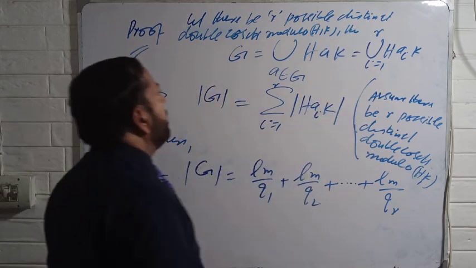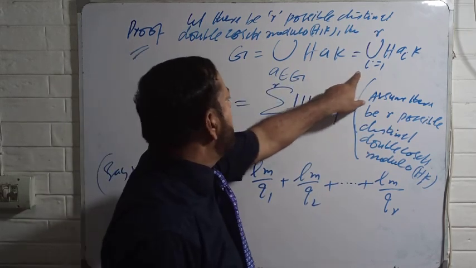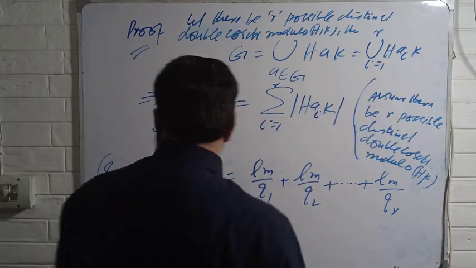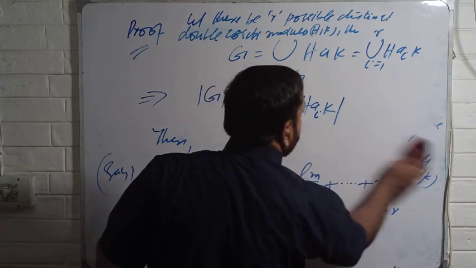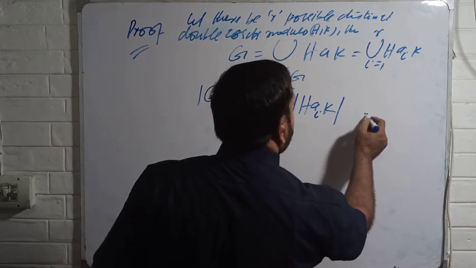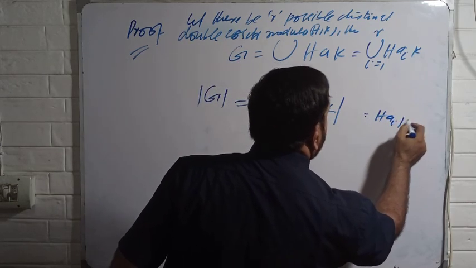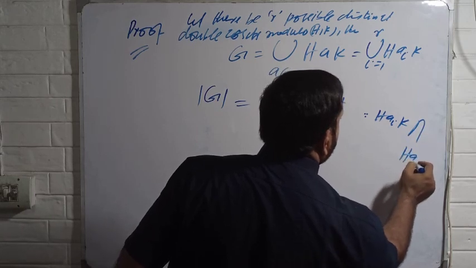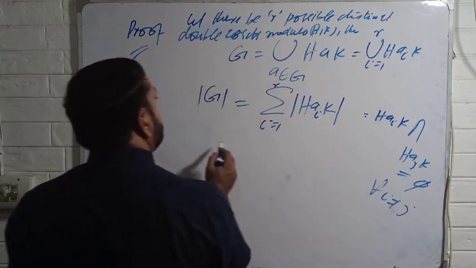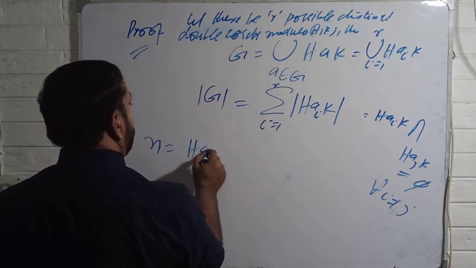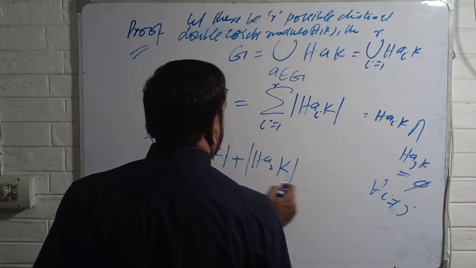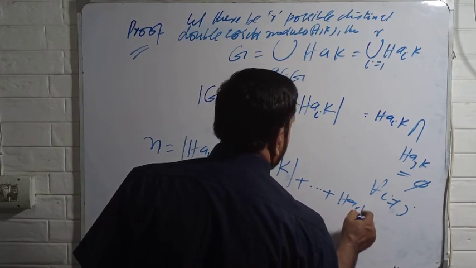Then we know that G is the union of these, and since HAiK intersection HAjK is phi for all i not equal to j, that's why the order of G is equal to the order of HA1K plus HA2K plus and so on plus HARK.